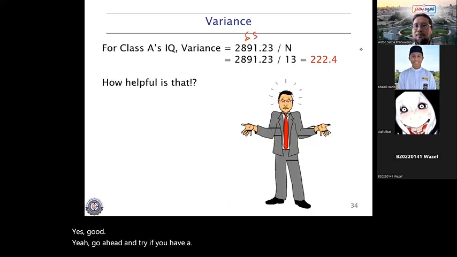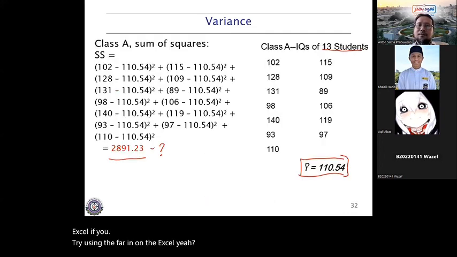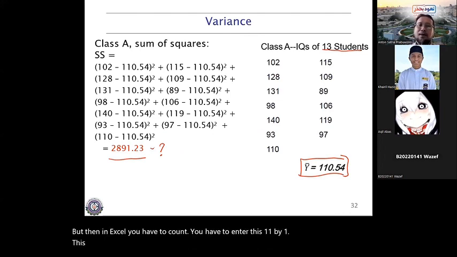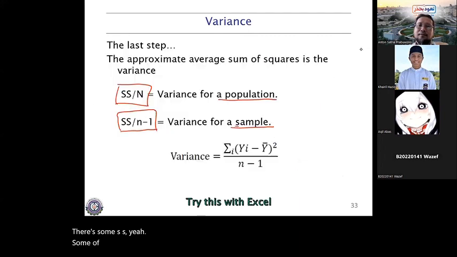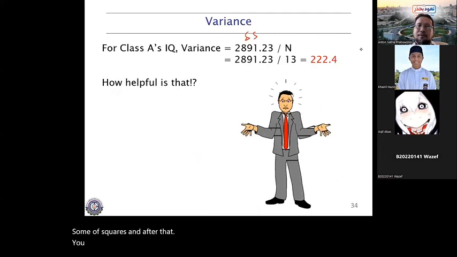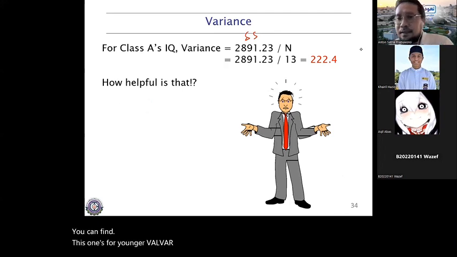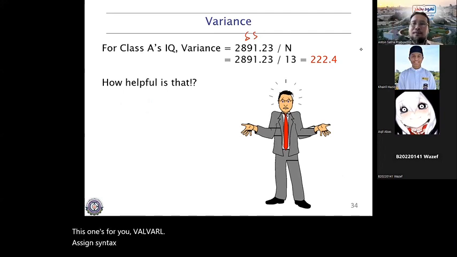Excel, try using VAR on the Excel. But in Excel you have to enter this data one by one, and then you find the sum of squares, SS, and after that you can find the variance, VAR, the syntax in Excel.